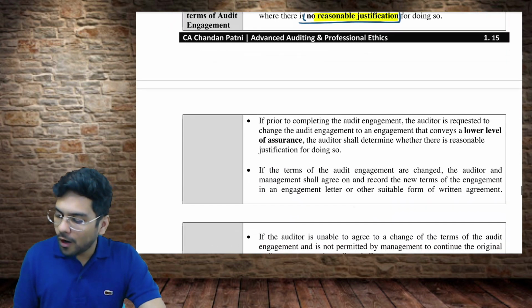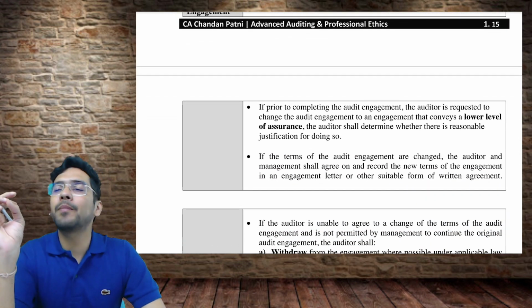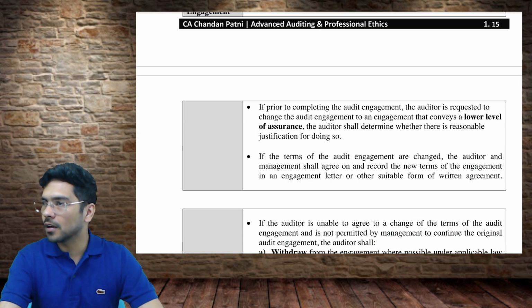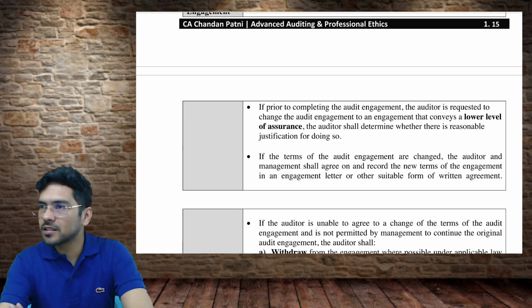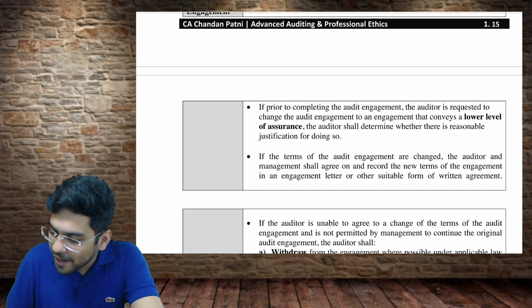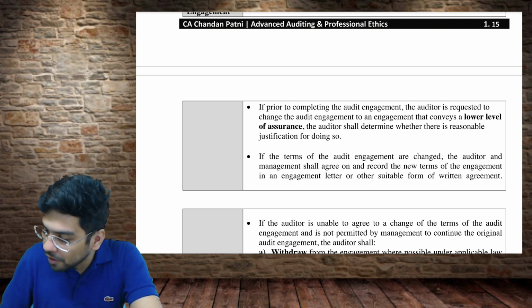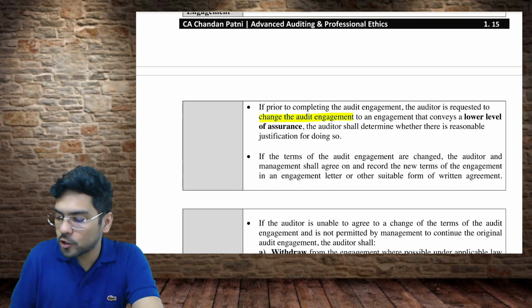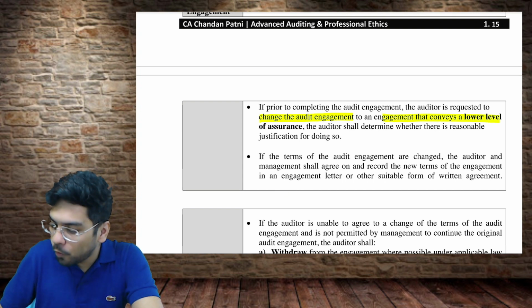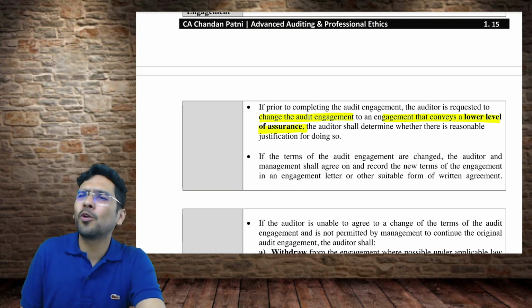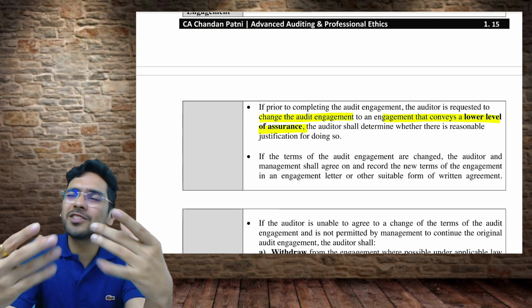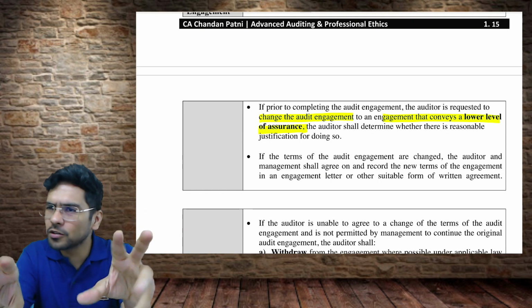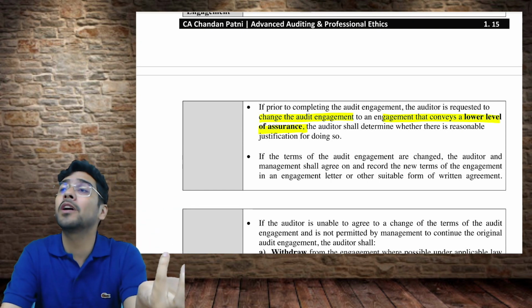Now again please understand, guys, if management is requesting something which would make me convey a lower level of assurance, will I accept that? No. So if, prior to completing the audit engagement, the auditor is requested to change the audit engagement to an engagement that conveys a lower level of assurance, they tell us, okay sir, we had appointed you for audit, but don't check internal controls, you just check things, do something like a review.